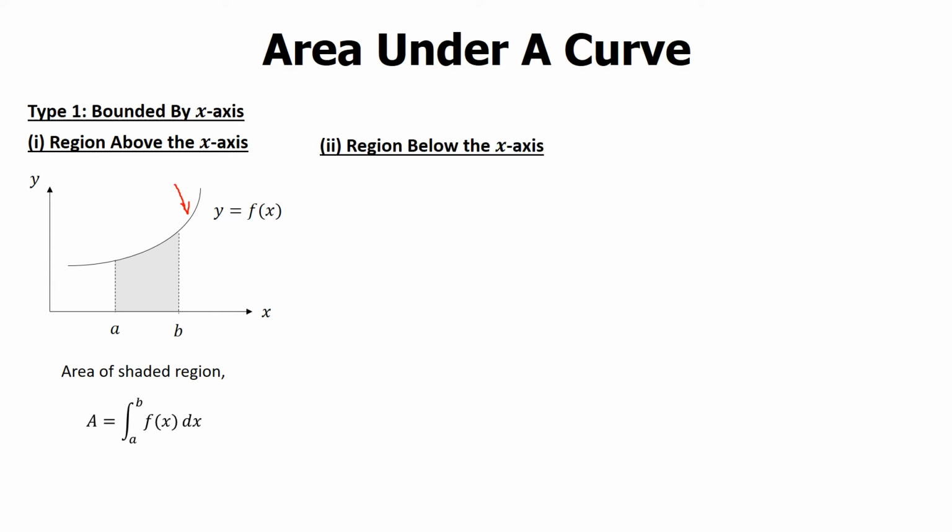The second type of the area under a graph bounded by the x-axis is the region below the x-axis. So how does it look like? Here it is. We have the x and y axes, and this is our curve with the equation y equals f(x). This is our lower limit, which is a, and this is our upper limit, which is b.